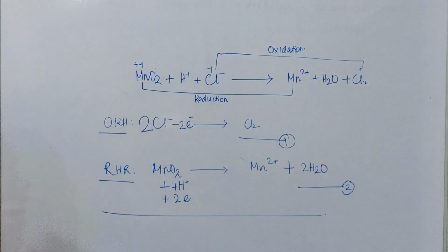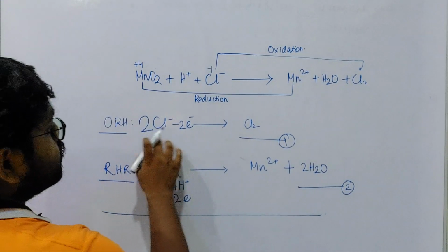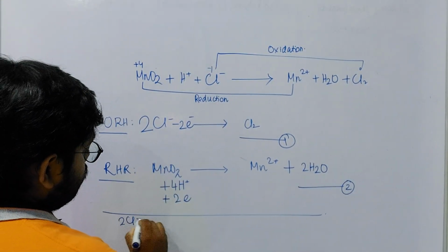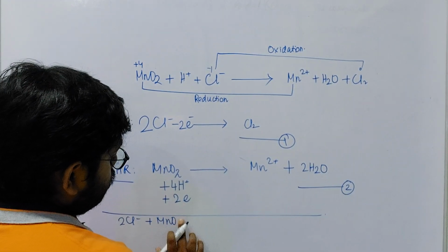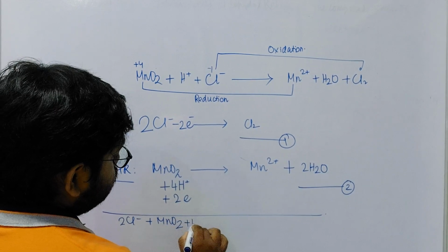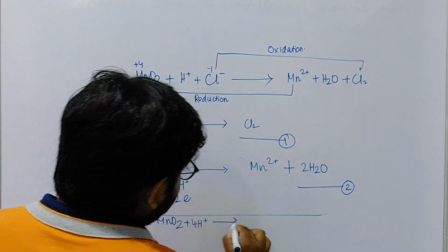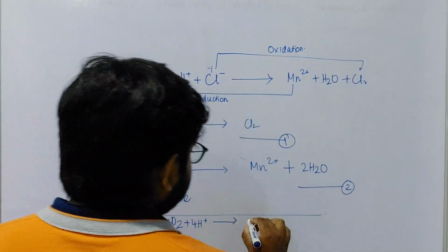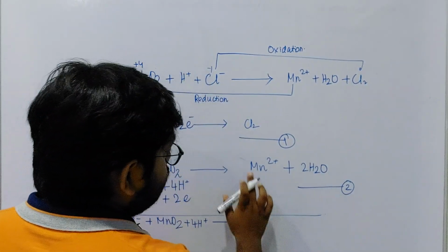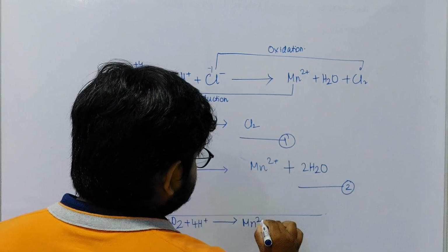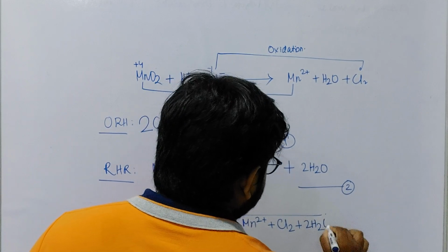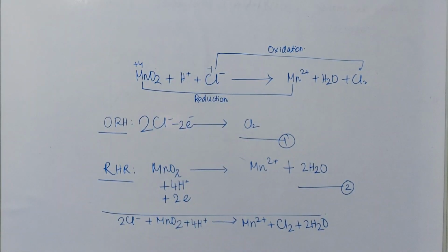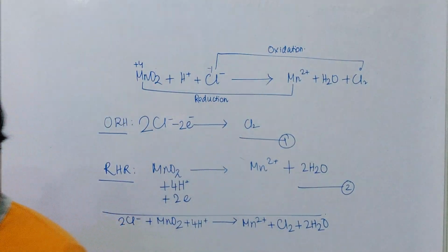Just add these two equations and write down the final equation. 2Cl- plus MnO2 plus 4H+ will give us Mn2+, Cl2 plus 2H2O. That's it. The chemical equation is balanced. All right. Nothing else.